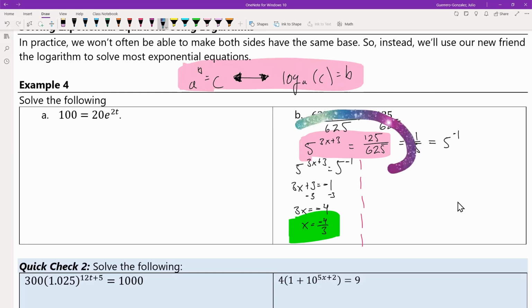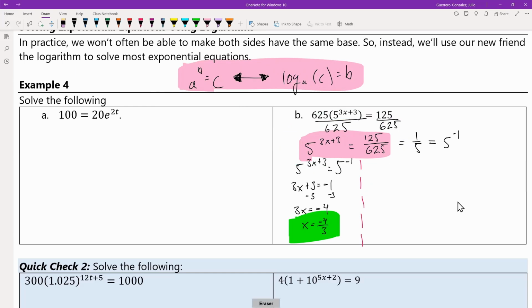So notice that right here, where I left off, I have the left-hand side of my boomstick. I am going to convert it to the equivalent logarithmic version, okay?